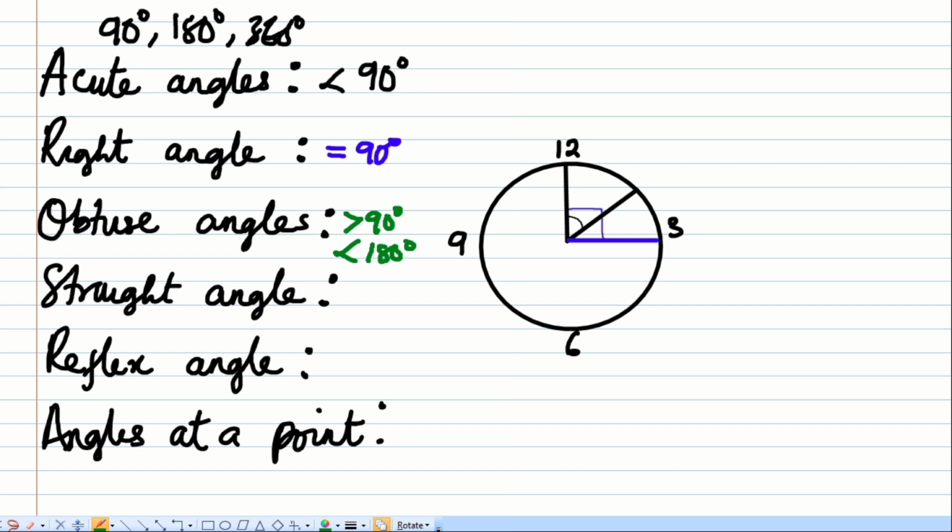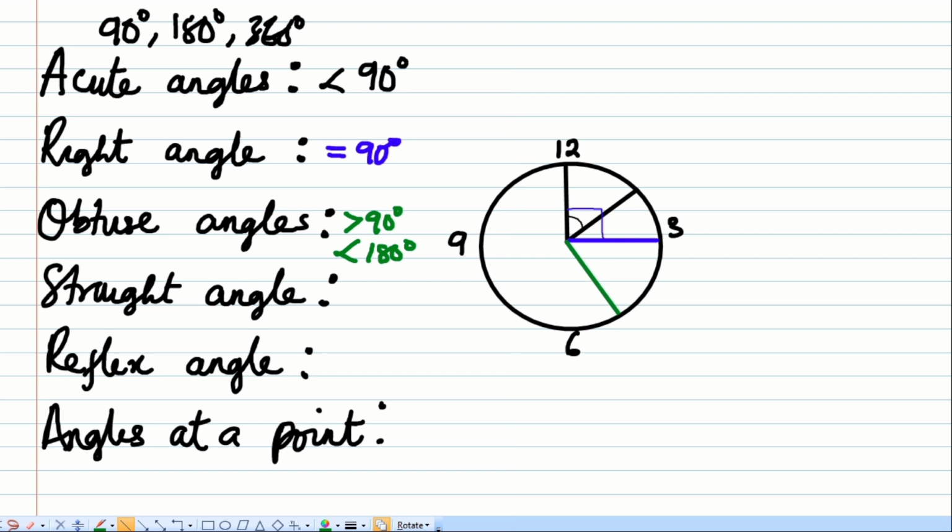So the representation in our clock would be an angle when the hour hand has moved from that point 3 now to any point between 3 and 6. It must not be up to 6, just between 3 and 6. Let's say 5 or 4 o'clock, whatever.